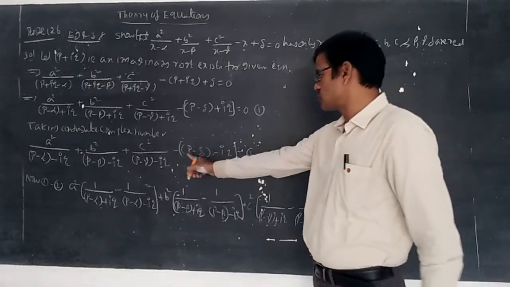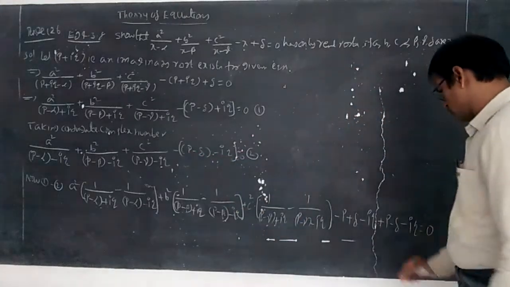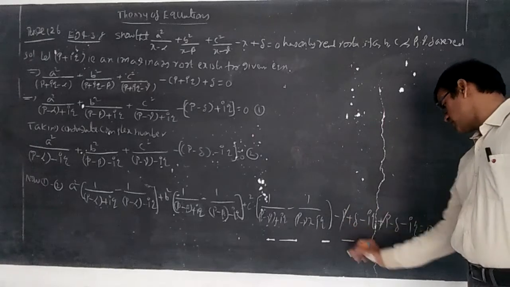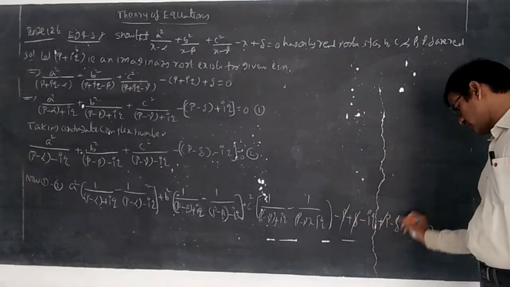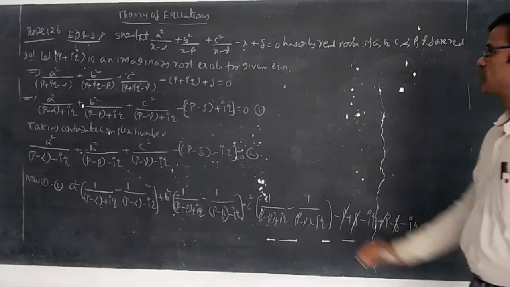Now it became plus, so add this. So minus p plus p will be cancelled, delta will be cancelled, and minus 2iq is there.